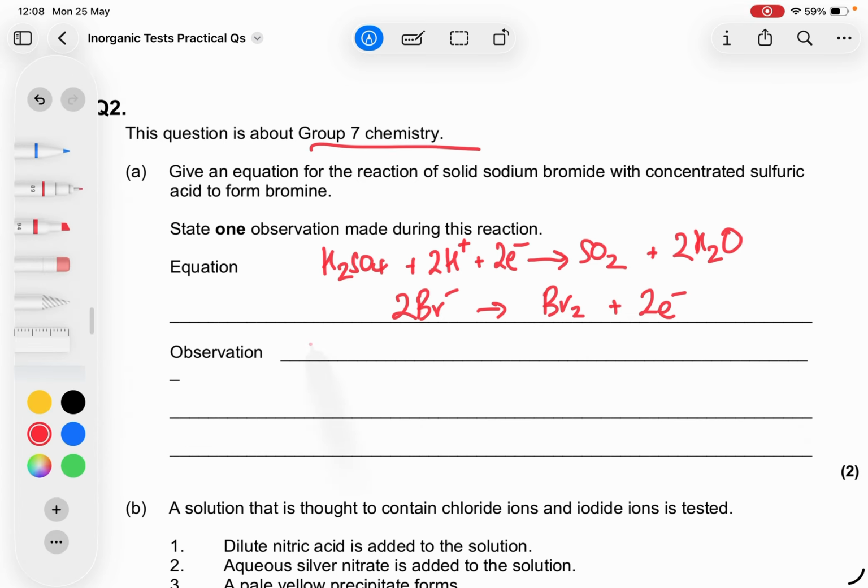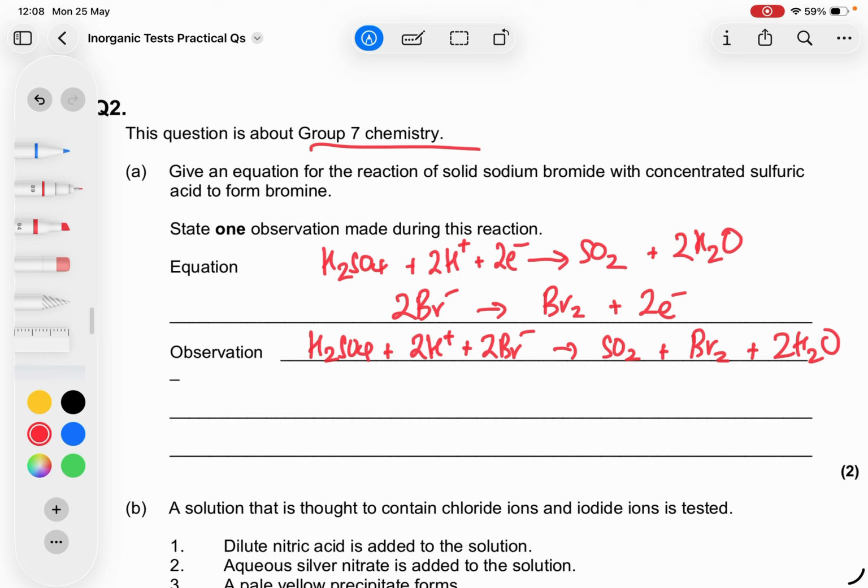Add them up: H2SO4 plus 2H plus 2Br minus. You can write this as HBr if you wish. SO2, bromine and 2 waters, and that will actually work, and that is acceptable and that is correct. You could do it another way where you get sodium sulfate, sulfur dioxide, bromine as well, but this one would work.